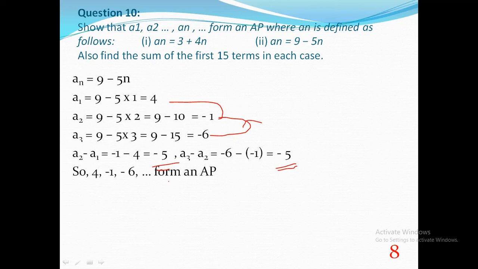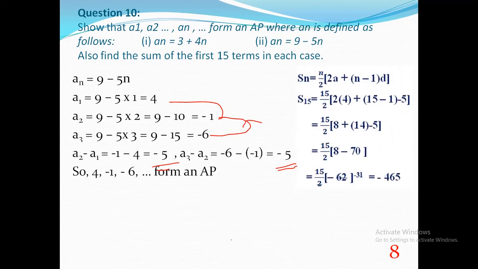Now next step is to find the sum of first 15 terms in that AP. So here a equal to 4, d equal to minus 5 and n equal to 15. Let us take again the formula Sn equal to n by 2 into 2a plus n minus 1 into d.